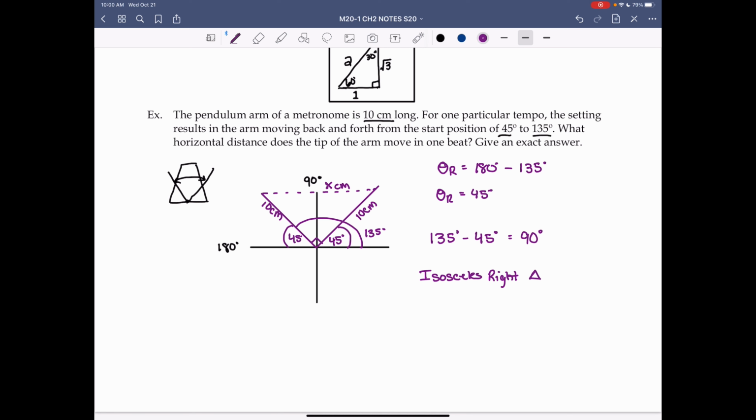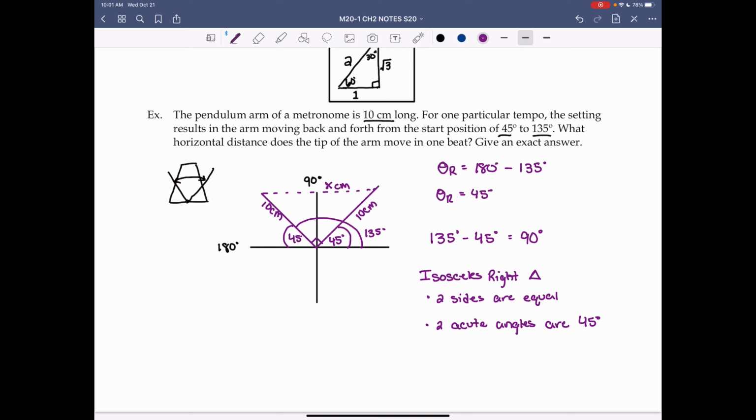What we know about isosceles right triangles is two sides are equal and the two acute angles are 45 degrees. Because the angles have to add to 180, we have a right angle, which is 90, so we need 90 more, and each of our two acute angles has to be the same. 90 divided by 2 is 45.